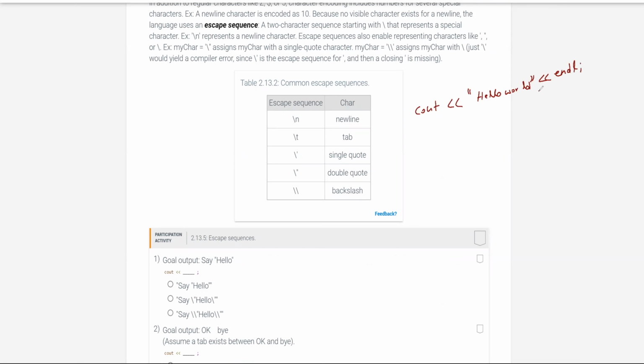This is too long a character set right here. Instead of writing like this, I can write the same thing, hello world.